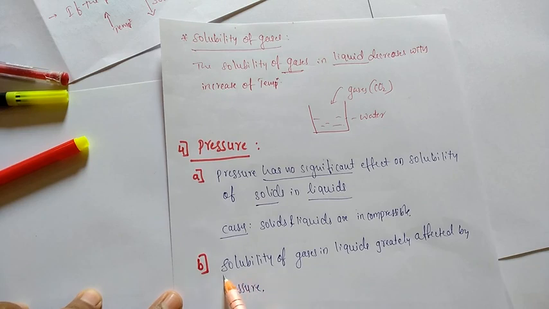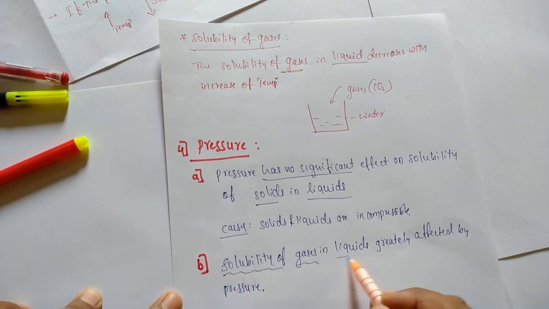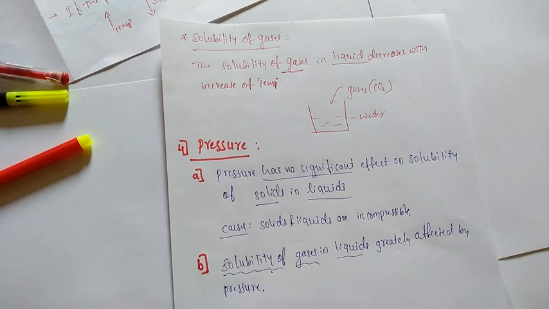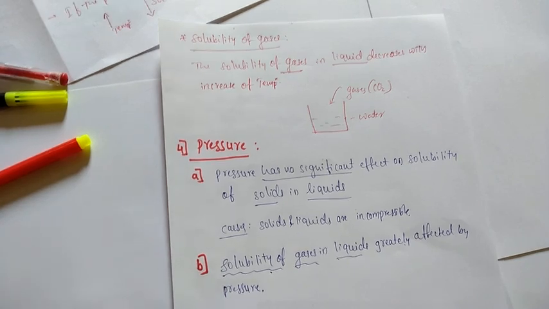The solubility of gases in liquids is greatly affected by pressure, which means the solubility of gases increases with an increase of pressure. Hence soda water and soft drinks are sealed under very high pressure.